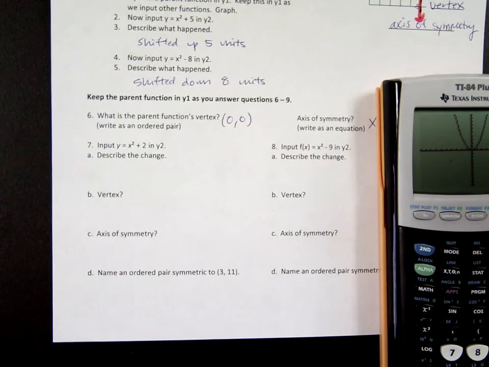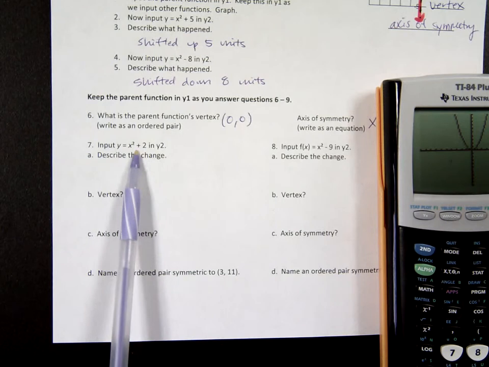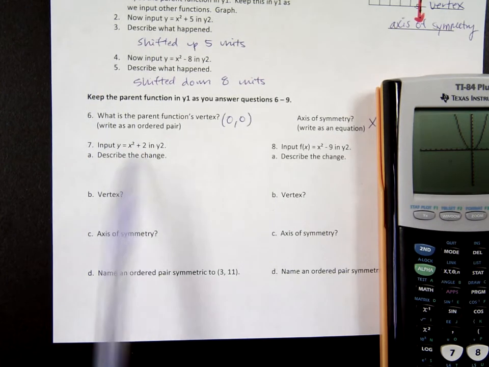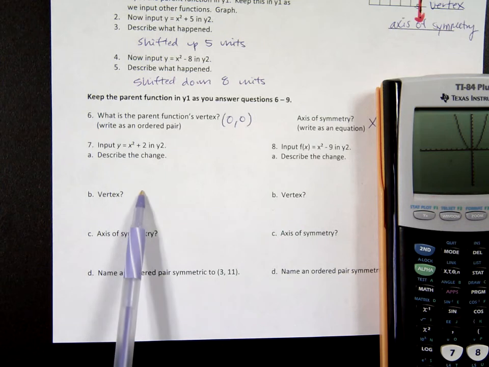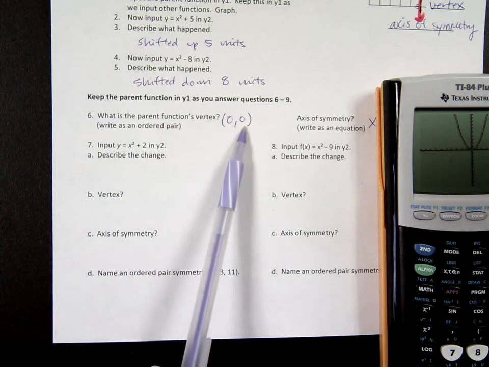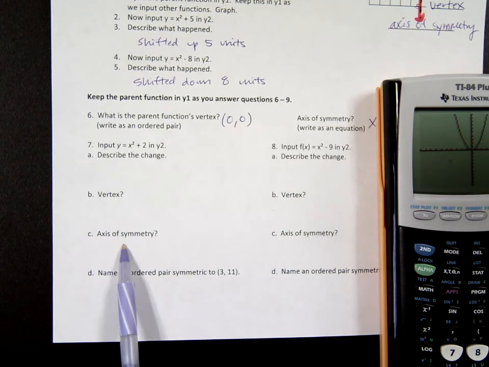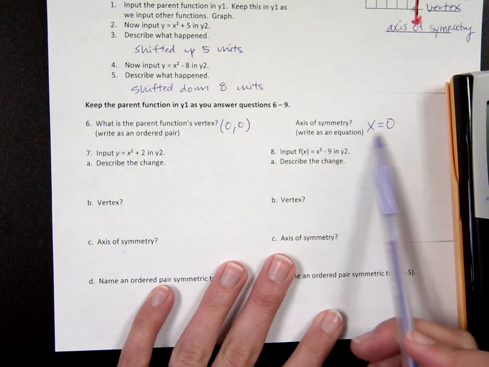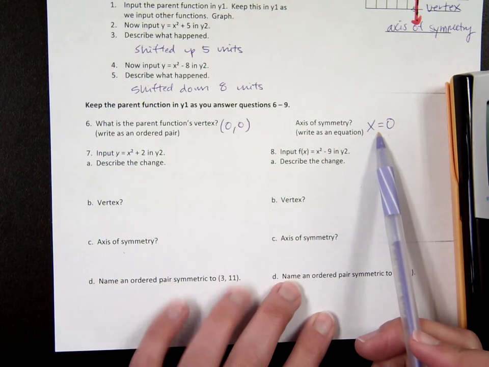Okay, so now you're going to practice putting some different functions into your calculator. Tell me how it changed. Tell me the vertex of the new graph as an ordered pair, x comma y, just like I did up here. Okay, tell me the axis of symmetry, just like I did up here, as an equation, x equals something.